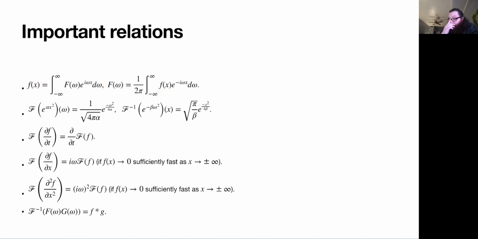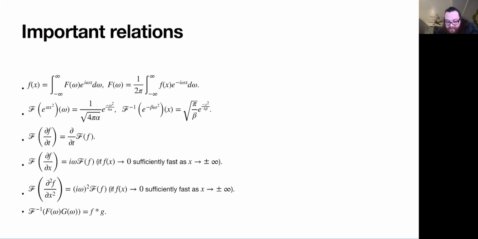Okay. And so the main pieces that we've been working with are, well, if you have a Gaussian, we know how to Fourier transform that. We're going to get something like that. If we have a Gaussian in frequency space, we know how to take the inverse Fourier transform, and we get another Gaussian. Great. Time derivatives, when we take the Fourier transform in space, just commute with the Fourier transform.